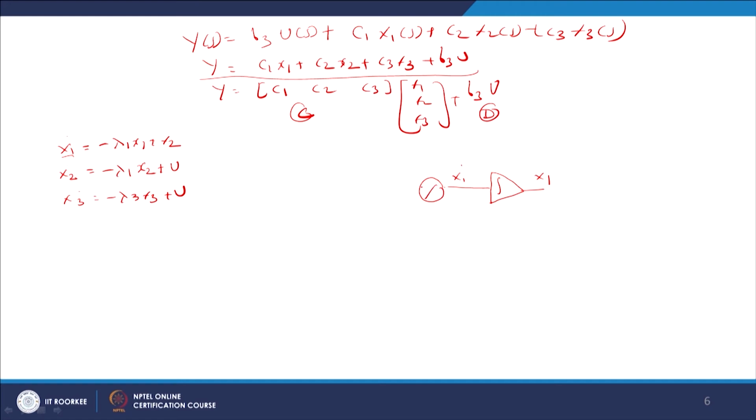Now, this x1 dot equals minus lambda 1 x1, that is what we have to show here, minus lambda 1, and now here we have to show x1. So, x1 dot equals minus lambda 1 x1 plus x2. So, I am showing x2 here.